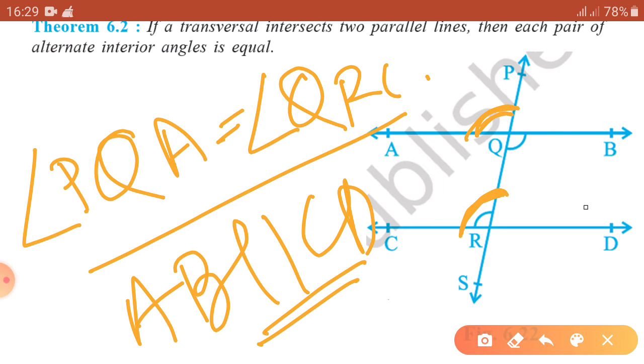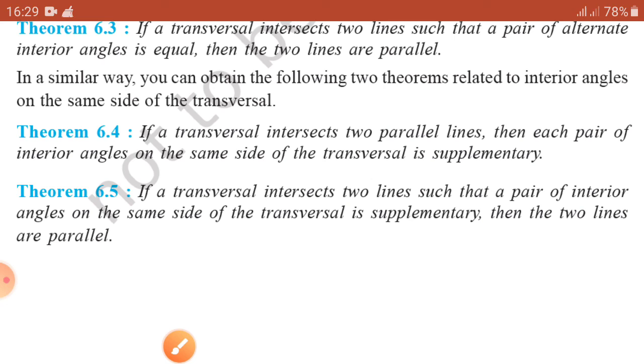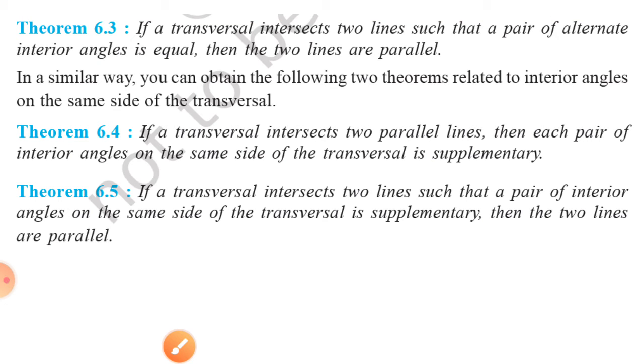Okay, go to the next theorem. So now we will be looking at theorems 6.3, 6.4 and 6.5. Theorem 6.3 states that if a transversal intersects two lines such that a pair of alternate interior angles is equal, then the two lines are parallel. Already we have stated this in the previous example.